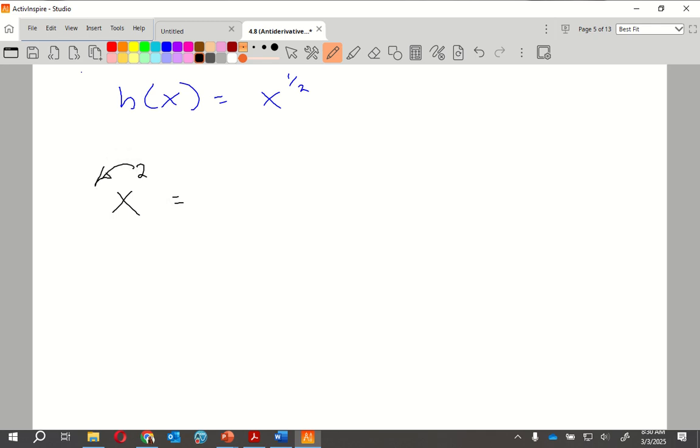Bring this out front and multiply, right? So that would go out there, and then it turns into 2x, and then it's 2 minus 1 right there, right? I subtract.